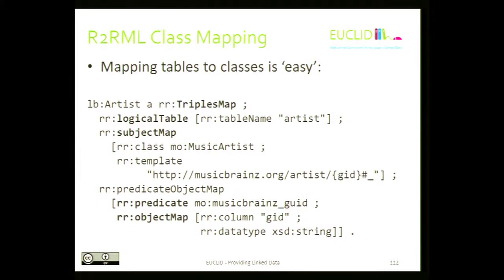Okay? So for every row in this table that the rule hits, we get 2 triples. We get the ID encoded as a URI with the membership of the music artist class, and we get that same URI associated with the simple GUID predicate relationship with the plain GUID as a literal.